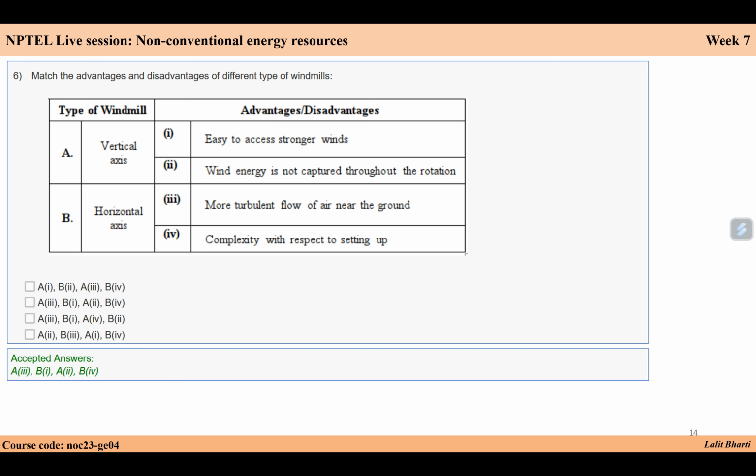We have already done this second one, wind energy is not captured throughout the rotation. This is the advantage for horizontal, where wind energy is captured throughout the rotation, but in the vertical type it is not captured throughout. So for vertical, this is the case. This is a disadvantage.